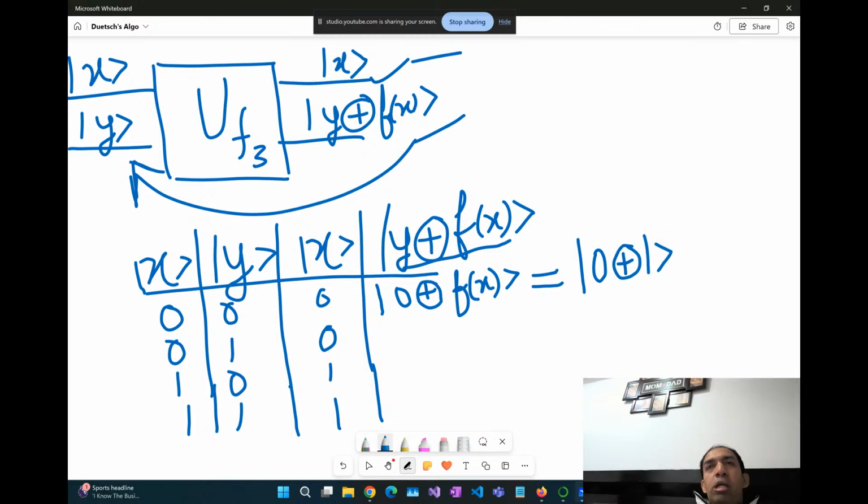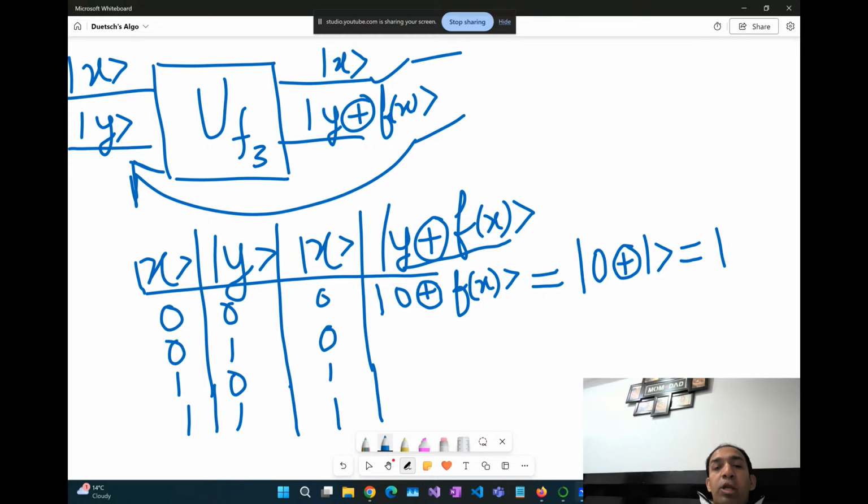And in the case of an XOR gate, whenever any of the inputs is different, you get a value of 1. So this is the value you get for this one.